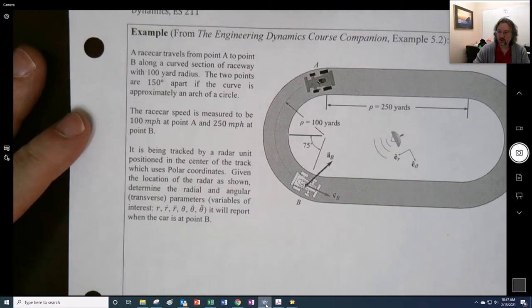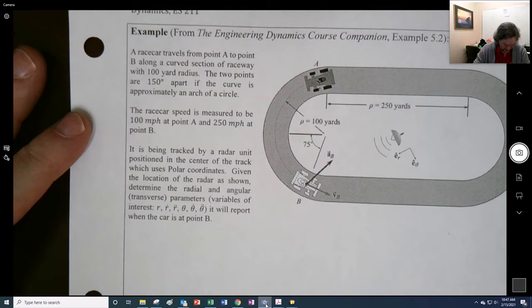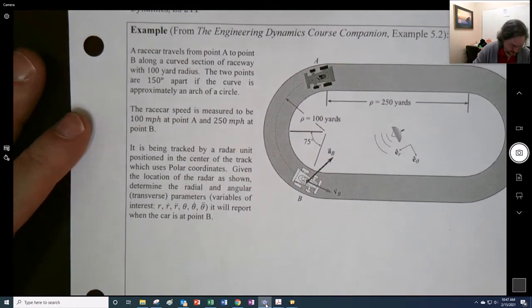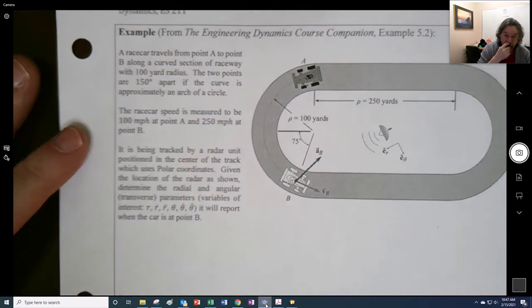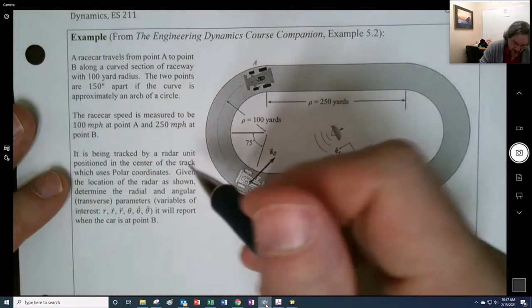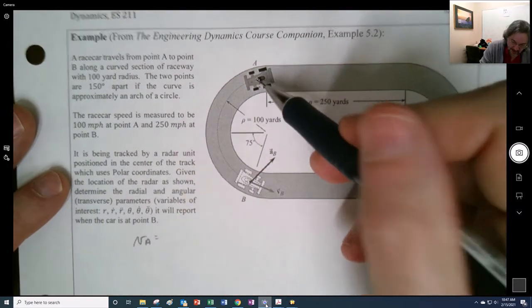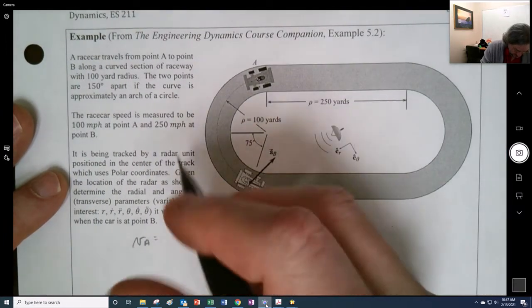I can't recall how I did this, so I'm looking at this as I'm reading here, because I'm actually combining two examples together. It's actually example 4.2 and example 5.2 combined. So first off, I'm going to get the velocity at A into feet per second.